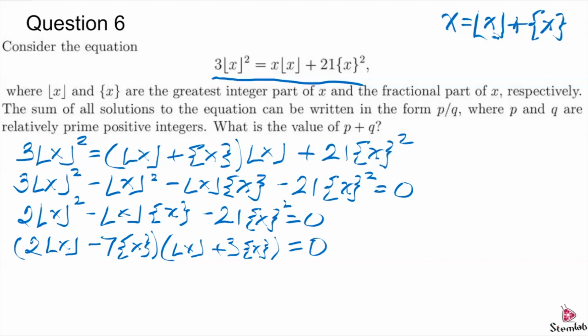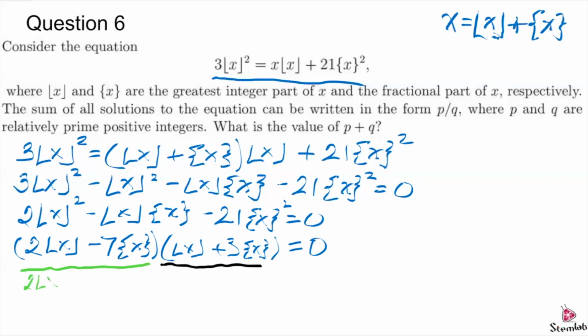So that means that this part or this part can alternatively be 0. Let's deal with the easier part first, the first one. Since we know that the fractional part of x is a fraction, to get an integer value, it has to be something over 7.